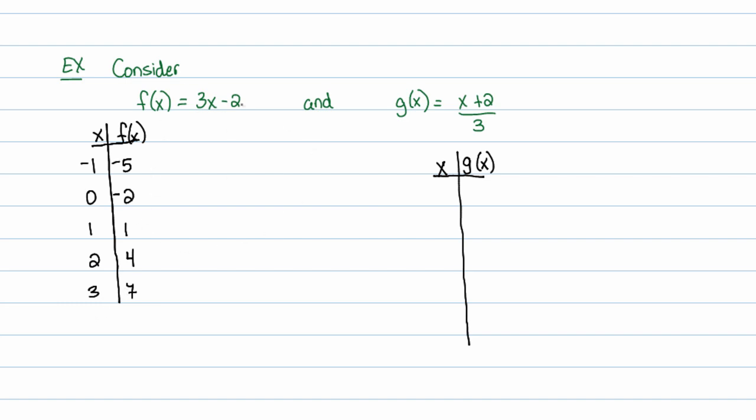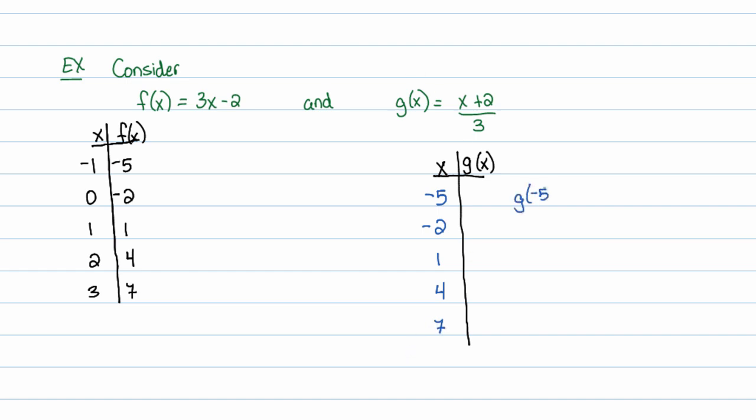Okay. So that's just me plugging in the values into the function f. Now for g, I want to test whether these two are inverses by taking these outputs of f and making them my inputs of g. So -5, -2, 1, 4, and 7.